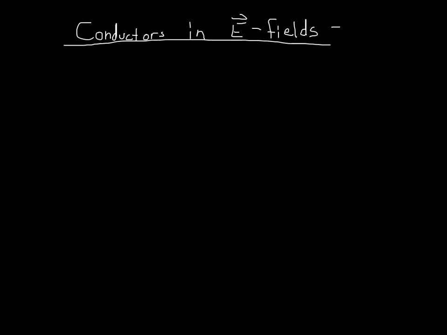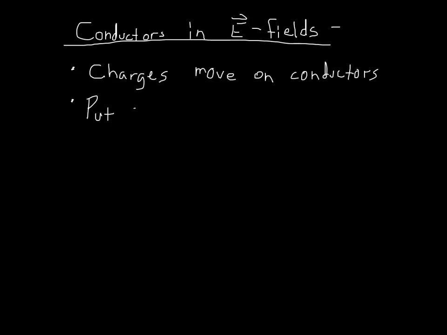So the last thing to talk about in this chapter is what happens when we put a conductor inside of an electric field. Now we know that for conductors, charges move really, really easily. Charges are happy to move along conductors. So if we put a conductor in an electric field, what is going to happen?